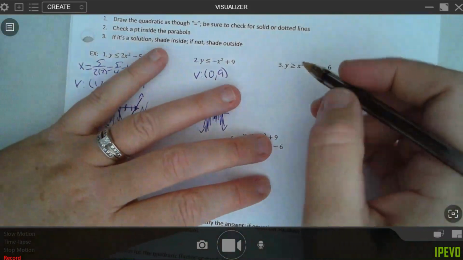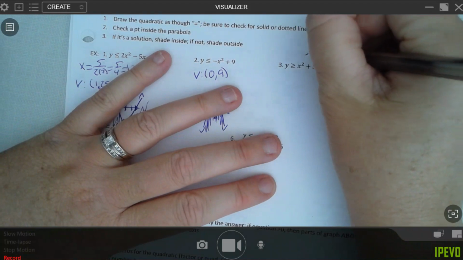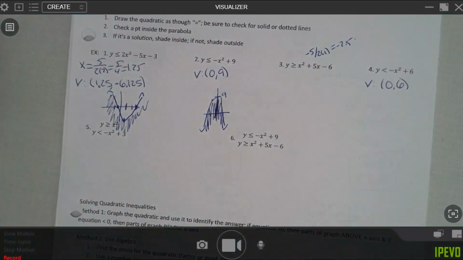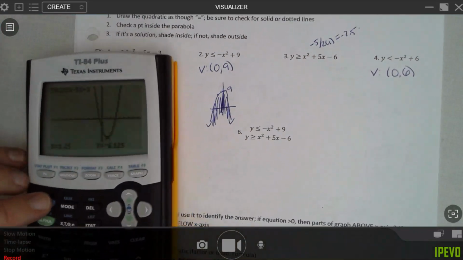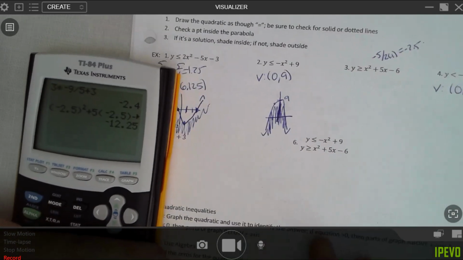So if I was going to do this one here, my vertex would be opposite b over 2 times a, so it's negative 2.5. I have not yet plugged this one in, so let's plug it in together. So negative 12.25.